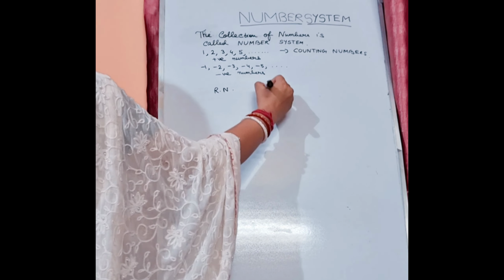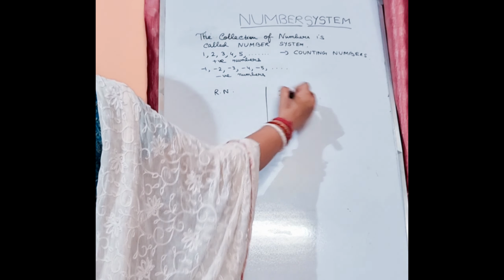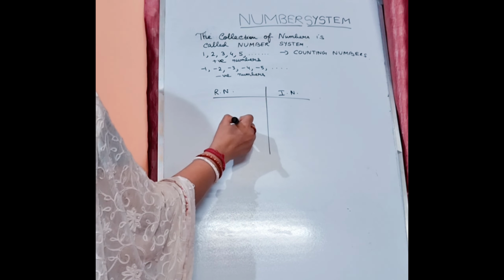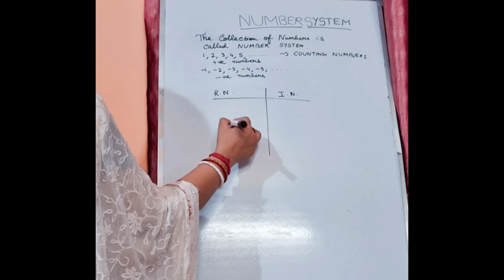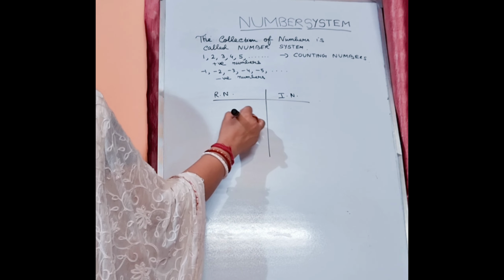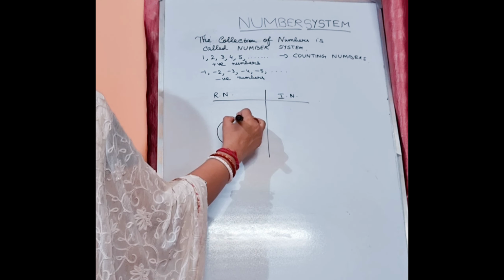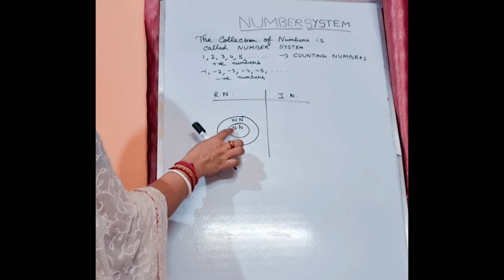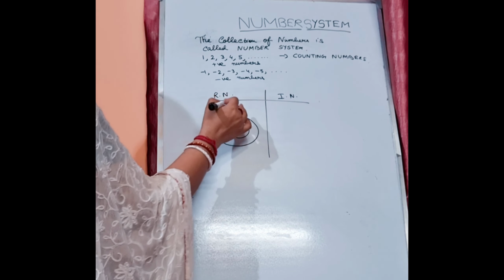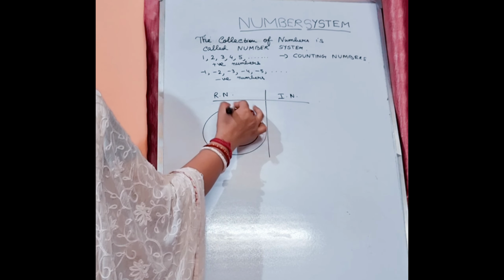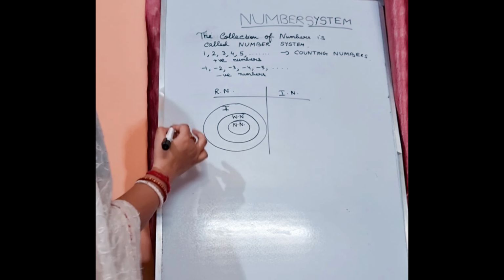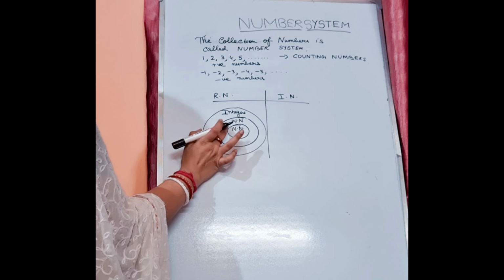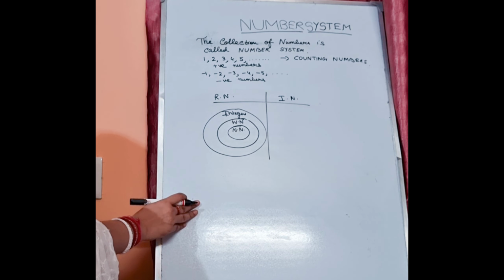If I make it in the form of a chart, then at the very center there are the natural numbers, then come the whole numbers, because natural numbers are contained in whole numbers, and after whole numbers come integers, because natural numbers and whole numbers are contained in integers.